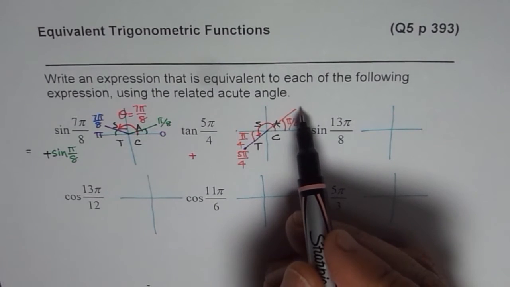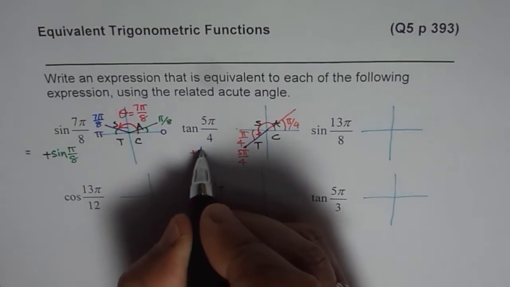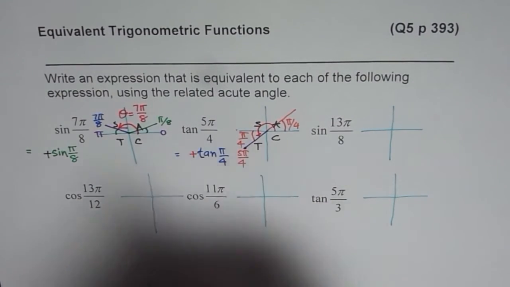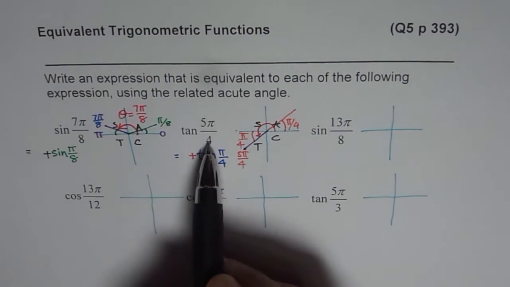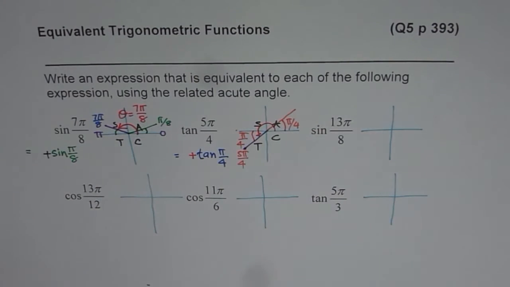Now all are positive here, so we could write directly the answer, which in this case is going to be what? tan pi by 4. Is that okay? So that is one solution, correct? Positive, positive. So tan 5 pi by 4 is equivalent to tan pi by 4, correct?